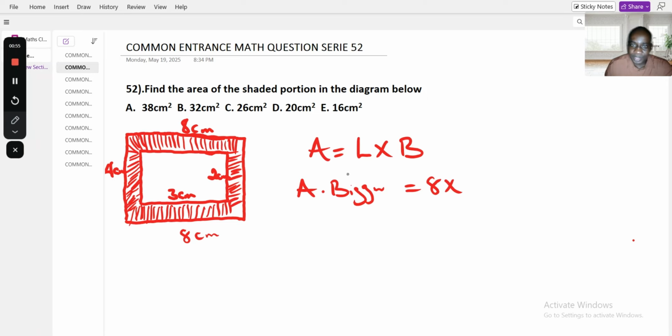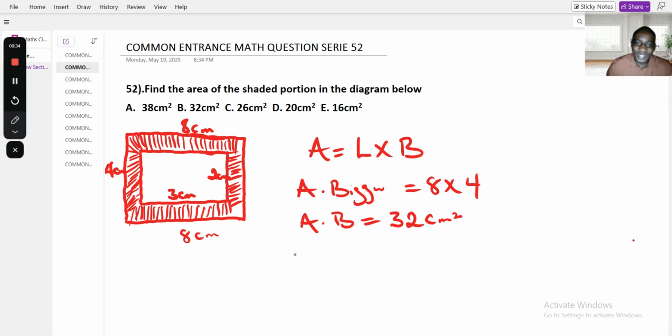What is our breadth? It is 4 for the bigger one, 4 centimeter. Therefore, area for the bigger one, 8 times 4. 8 times 4 is going to give us 32. That's 32 centimeter squared. That's the area of the bigger one.